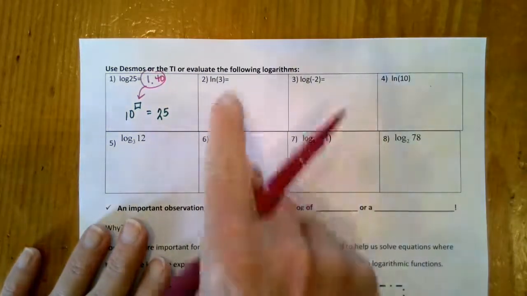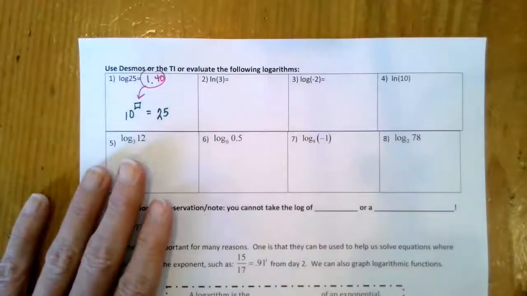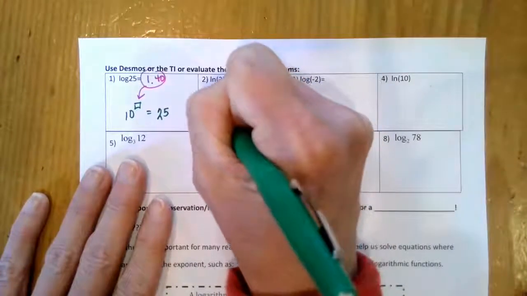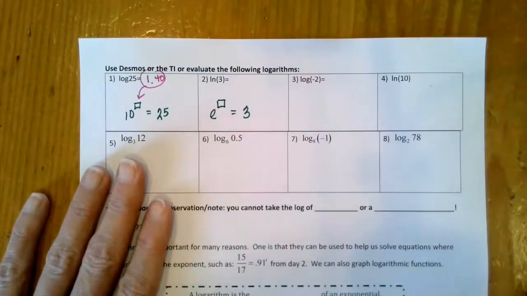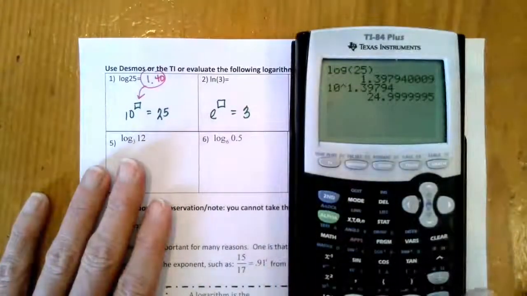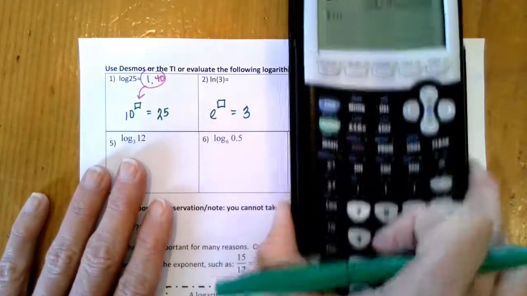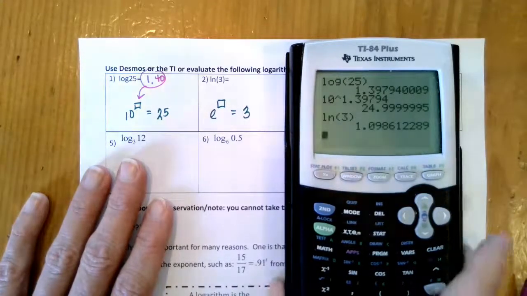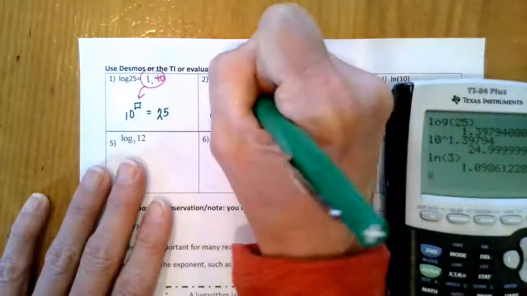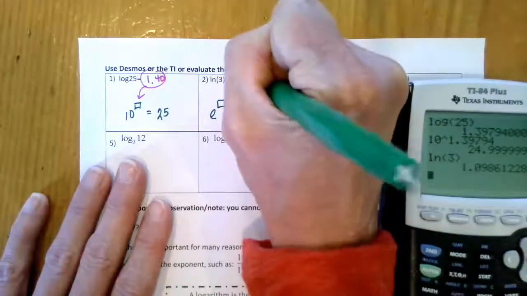Our natural log that gives me 3. Here's what I'm asking the calculator: what exponent goes on top of e that gives me an output of 3? So I'll go to my graphing calculator and see this LN button there? When I do that, I get the natural log. So I want to know, what is the natural log of 3? It's 1.09861, so when I round up, we're going to call it 1.10.